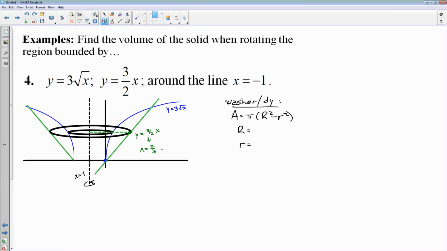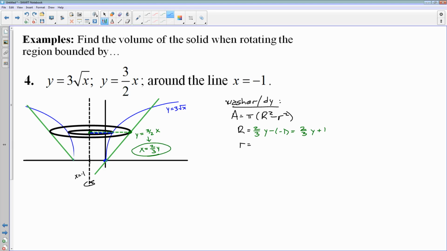So now the right point, we have to use this because it's a dy problem. My right point is on the line x equals 2/3 y. And my left point is on the line x equals -1. So minus -1, or if you're really smart, you could call that 2/3 y plus 1. My little radius goes to the blue graph of 3 root x, but again, just like that last one, I'm not allowed to use 3 root x because this is a dy problem.